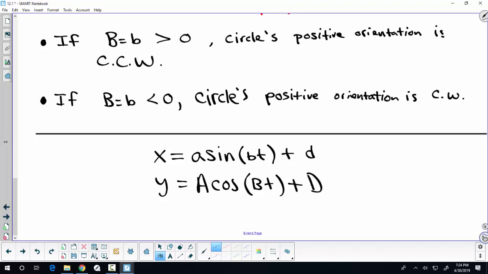The initial point would change and the positive orientation would change. The absolute value of A is still the radius. B, same numbers affecting how much of the circle you get. The center is now lowercase d, comma uppercase D.